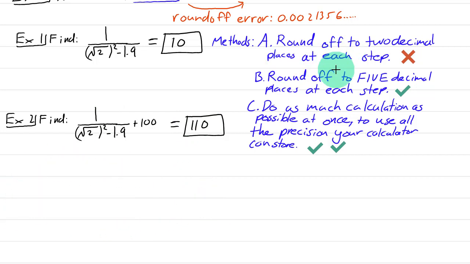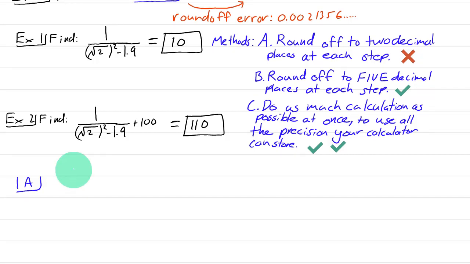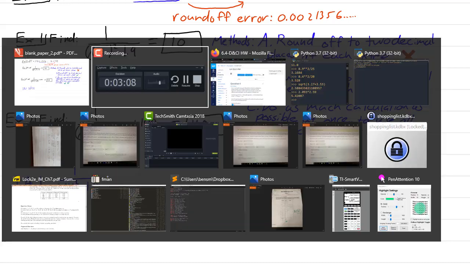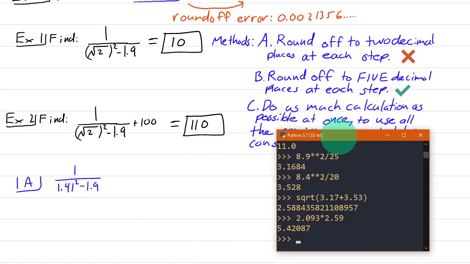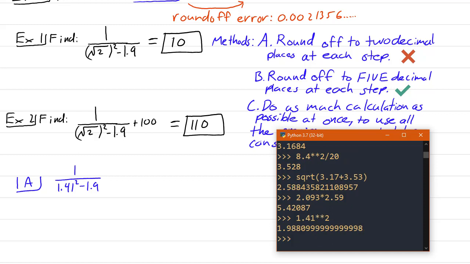Now let's see what happens if you do method A here. Example 1, using method A, we're going to do the square root of 2 is 1.41. So if you do 1 over 1.41 squared minus 1.9, and then I'm going to take my calculator here and do 1.41 squared is 1.988.